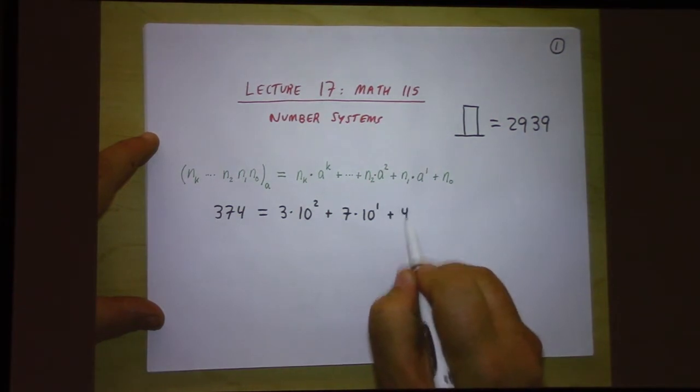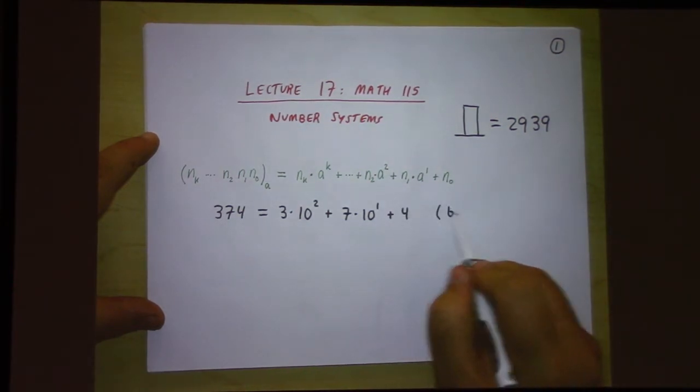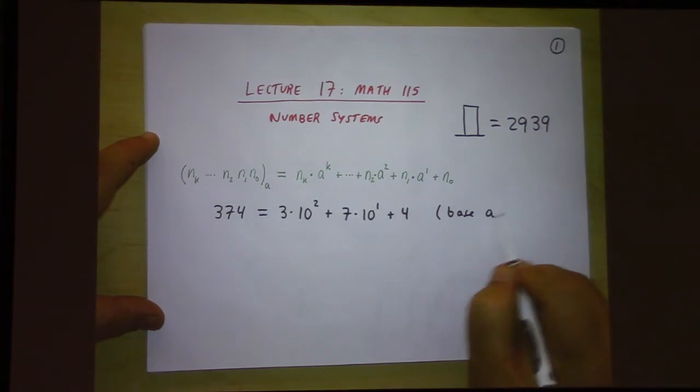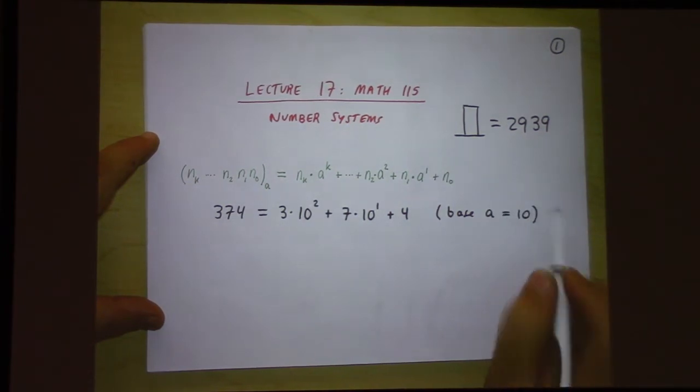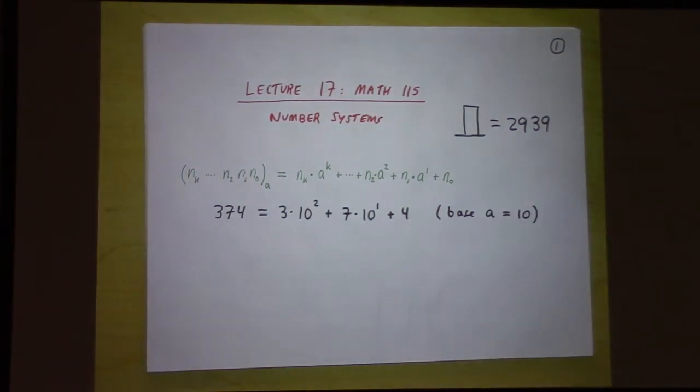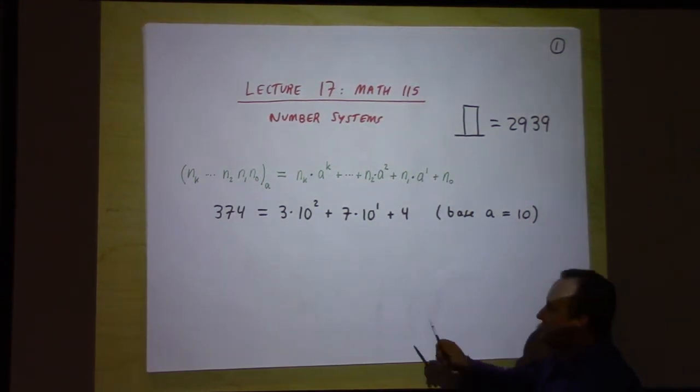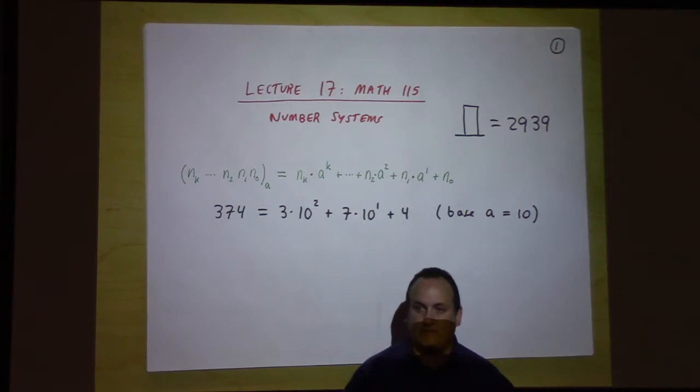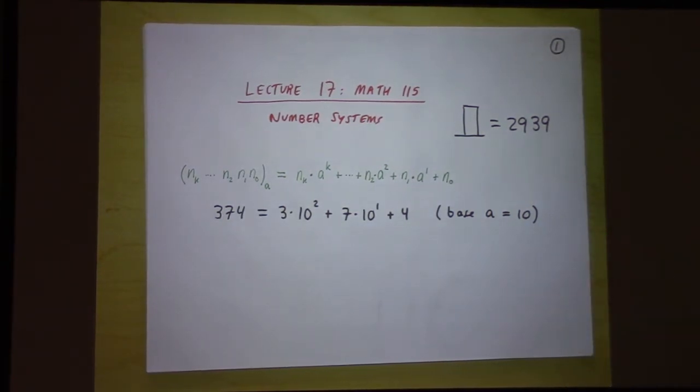So that would be base A equals 10. Our convention is, in base 10, we don't write the sub A. We just say it's base 10. That's a Hindu-Arabic number, which I would just call a regular number.